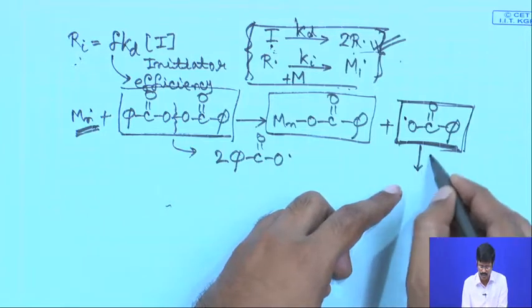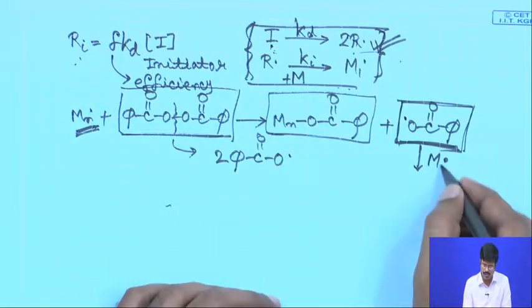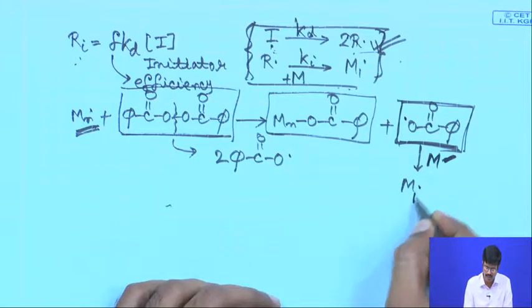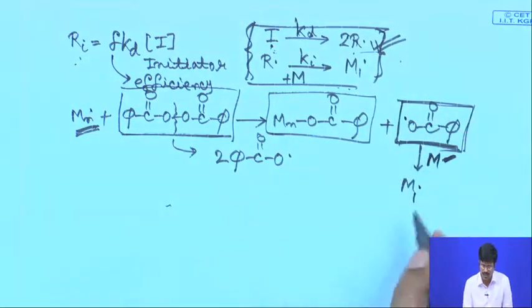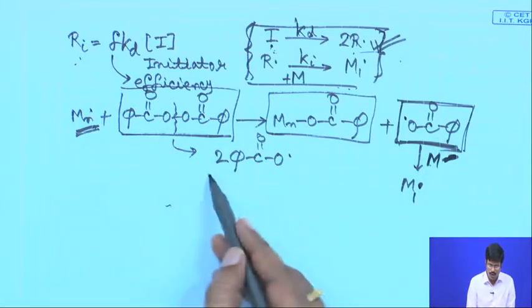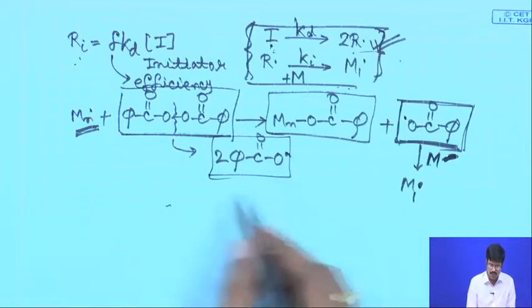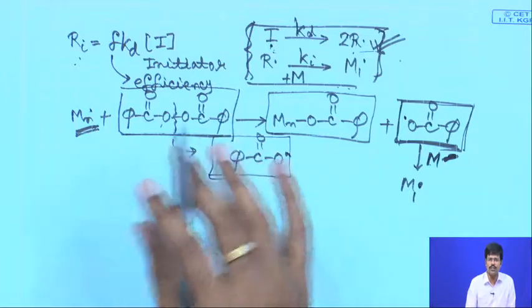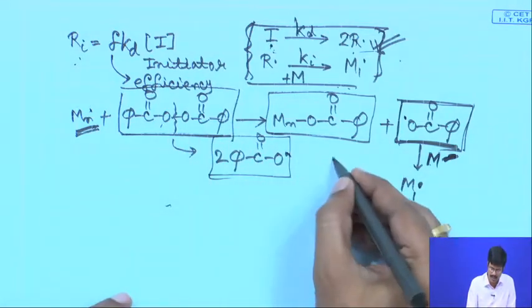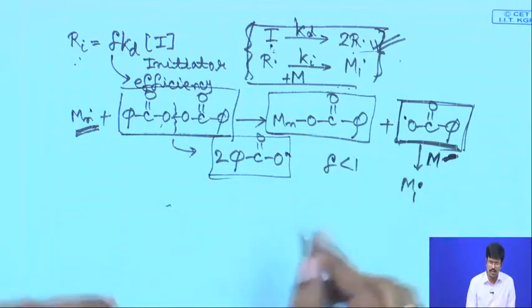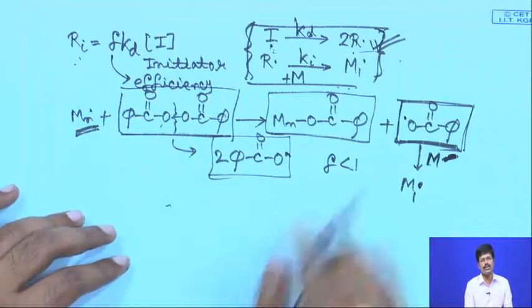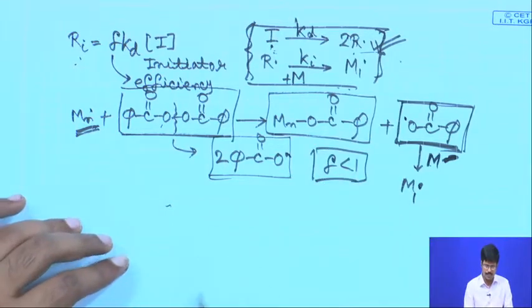Let us say it is starting another polymer chain by reacting with M, and then it will be M1 dot, incorporating this unit at the end. So all the potential radicals that could be produced from this initiator have not been used to initiate a fresh polymer chain. That means the efficiency is less than 1. This is one of the ways in which the efficiency could be less than 1; there are other ways also. I am just giving you one example.